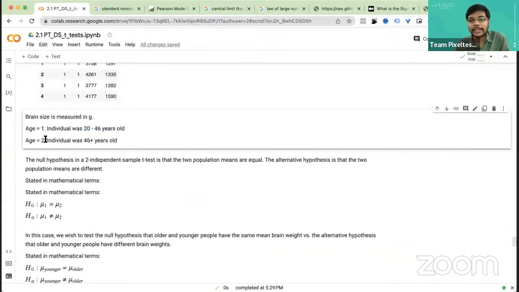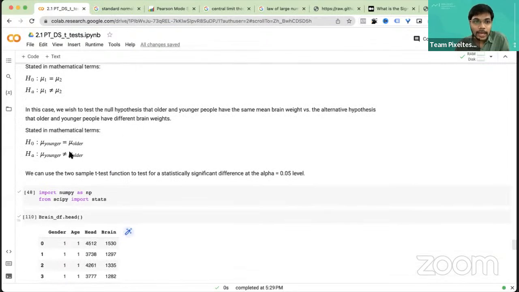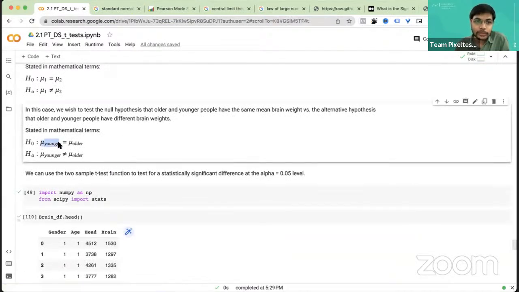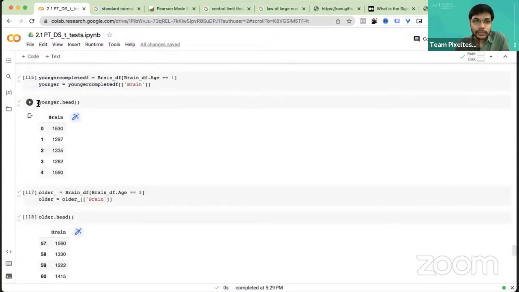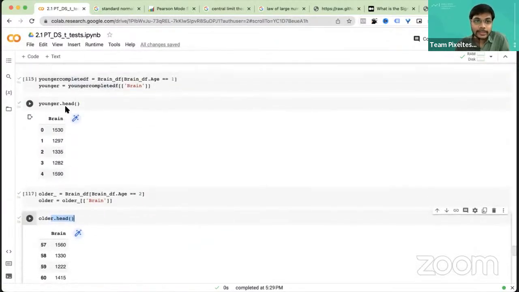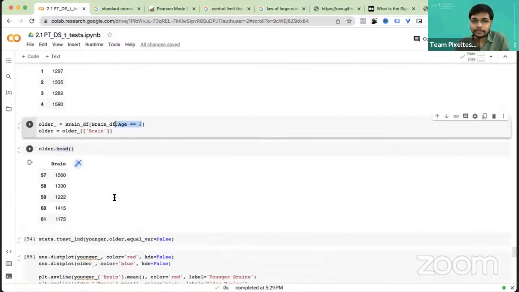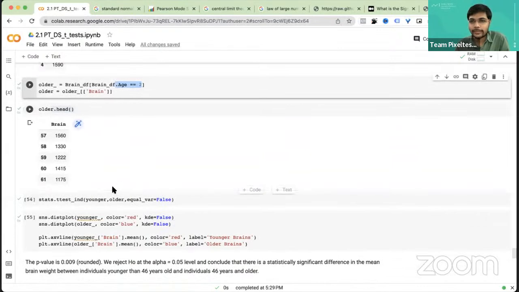Age 2 is like a denotation: this individual is over 46, right? So we are creating two data sets because our hypothesis is we need to get the mean of younger and mean of older and check if both of them are same. That is where we have created two data frames, one younger, one older. Younger has age equal to 1, older has age equal to 2, right? So I hope that is clear, Vinitha.